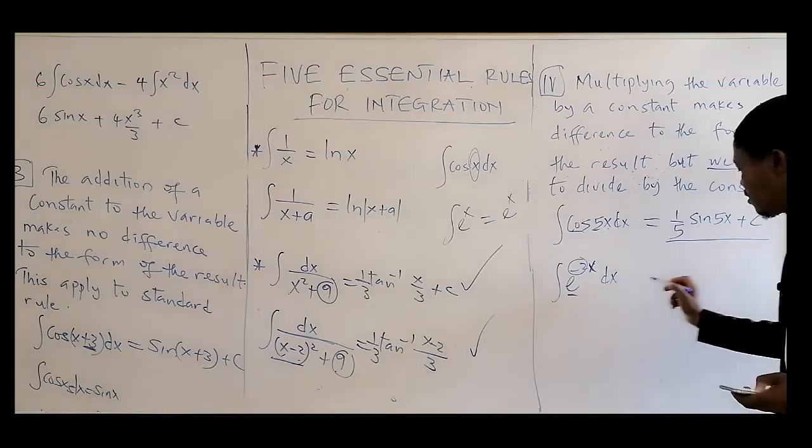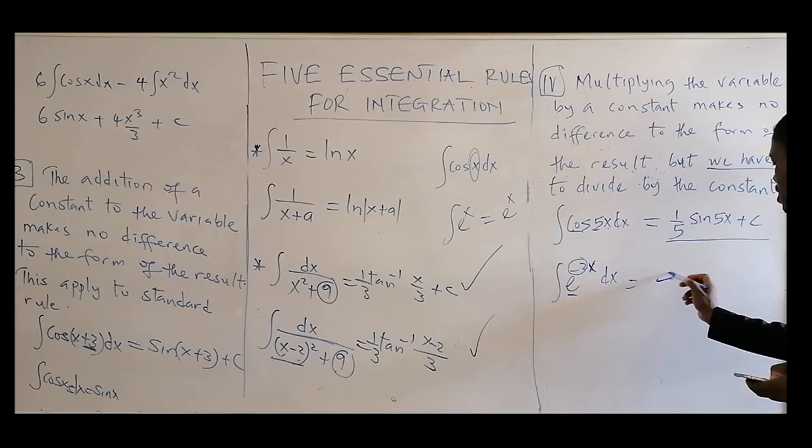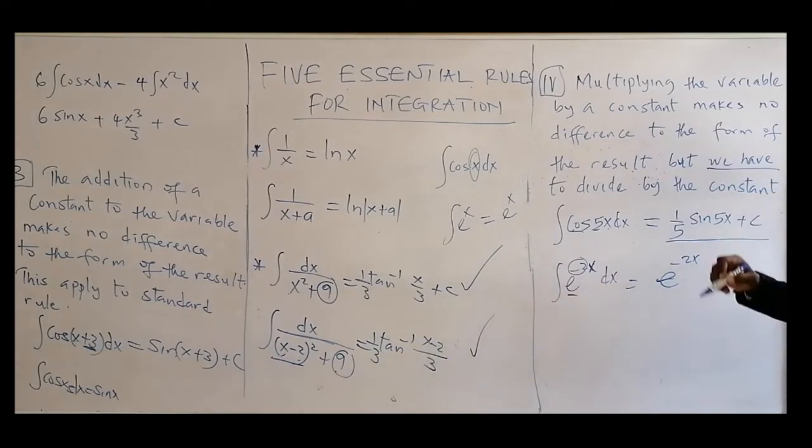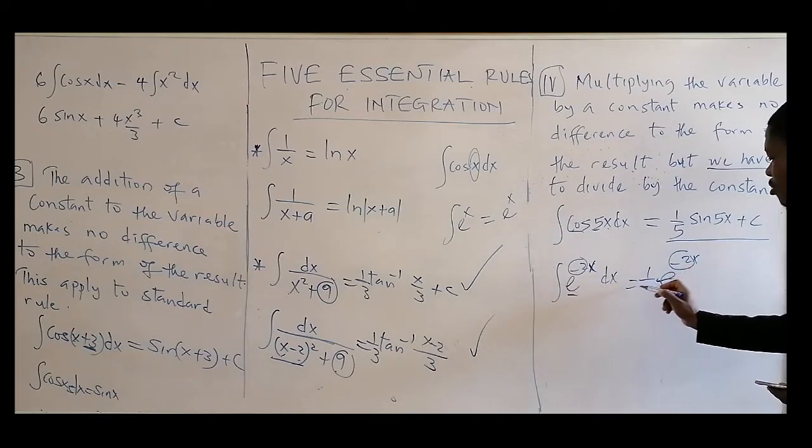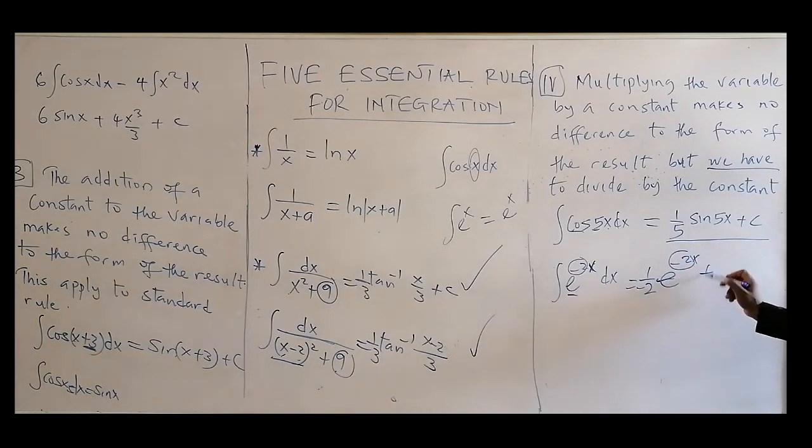First of all, it makes no difference. We write the answer: e to the minus 2x. But we must divide by that constant, which is minus 2, plus c. Must divide by that constant.